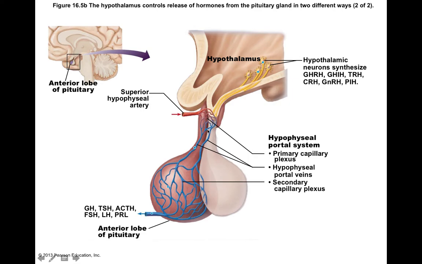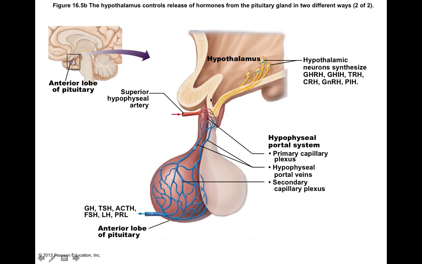Next, you have what's called the hypophyseal portal veins. And what these are, what the name portal suggests, it's a door that connects between the primary capillary plexus, and guess what this one down here is called? The secondary capillary plexus. So we have a primary capillary plexus up here. As you can see, it's right at the top of the infundibulum.